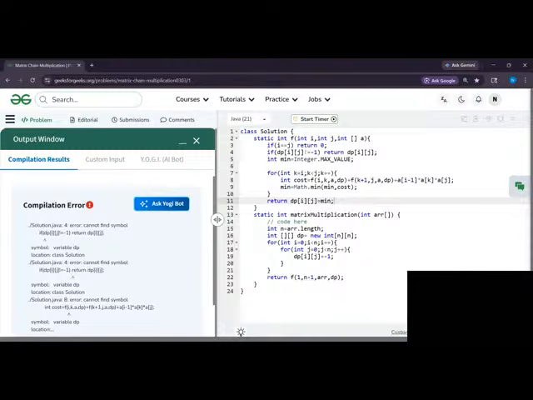Cannot find the symbol. Sorry, I did not accept the DP that I am passing.